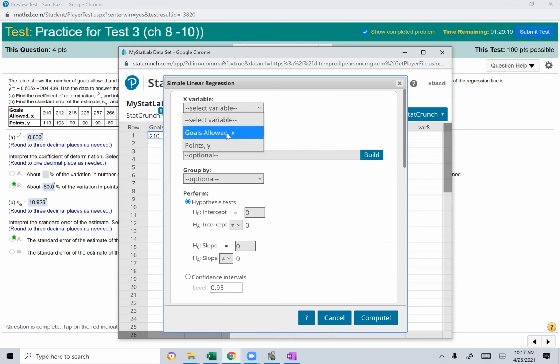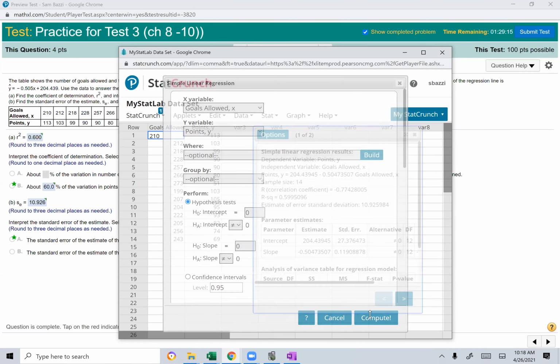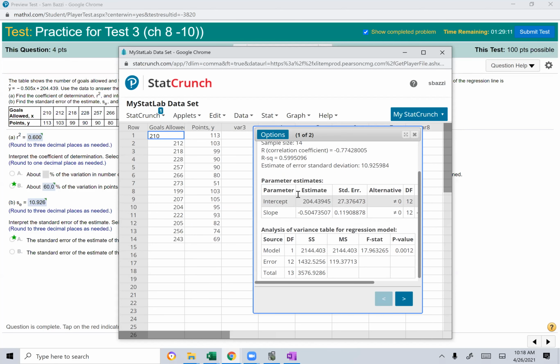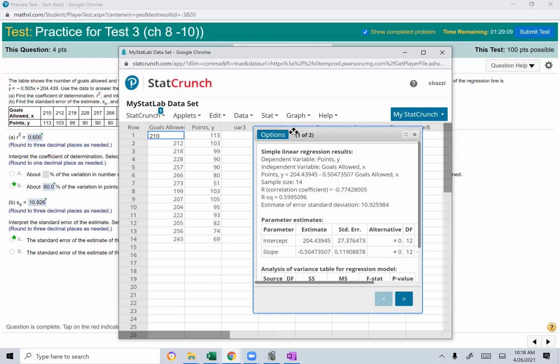Let me just do that one more time. But if you guys like to use StatCrunch, that's fine. Look, SE, it's right there. There you go. Estimate of error standard deviation is 10.926. It's right there.